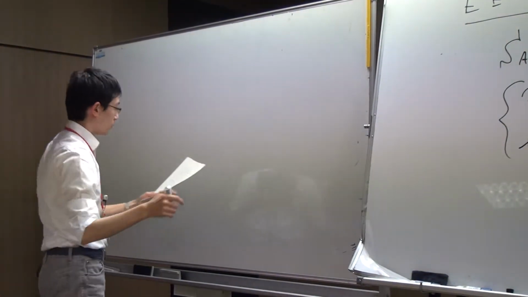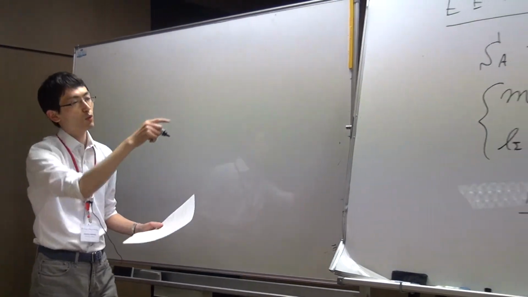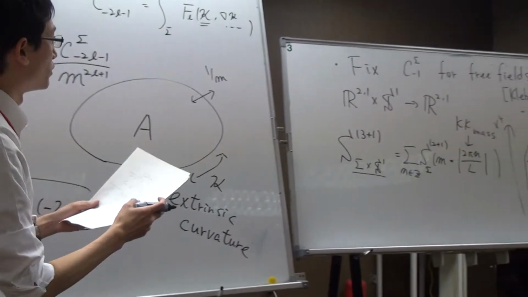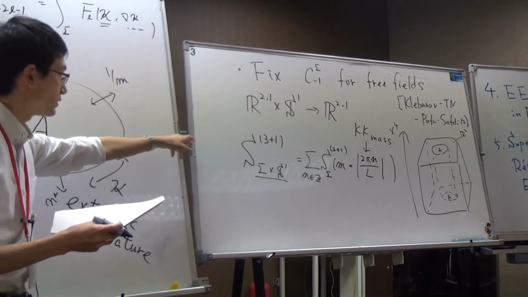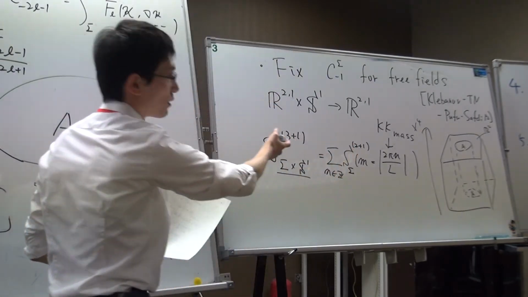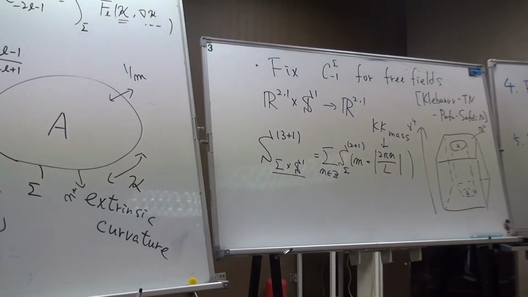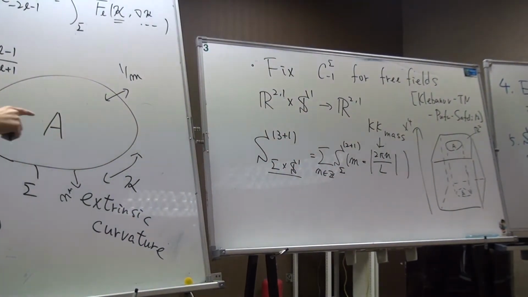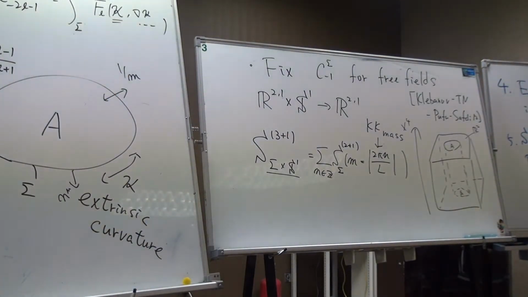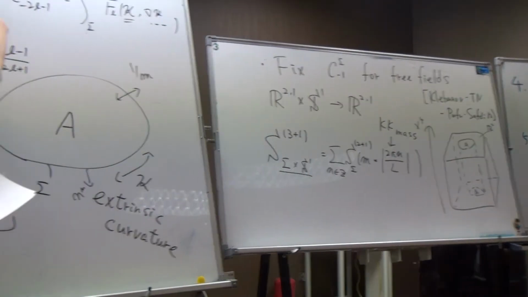Okay, so in the left-hand side, we have a log divergence because the theory is in even dimensions. But on the other hand, in the right-hand side, we don't have any log divergence. But actually, after summing over KK modes, you see that there appears a log divergent term, which comes from the first part.